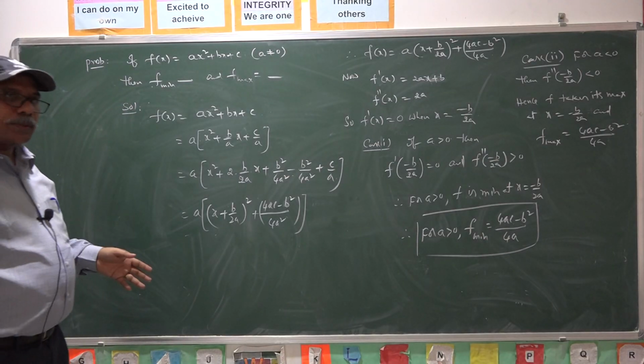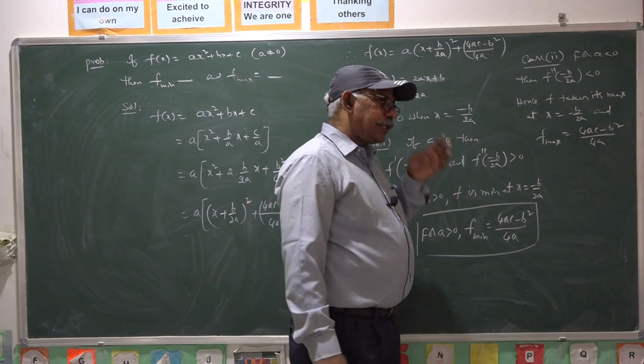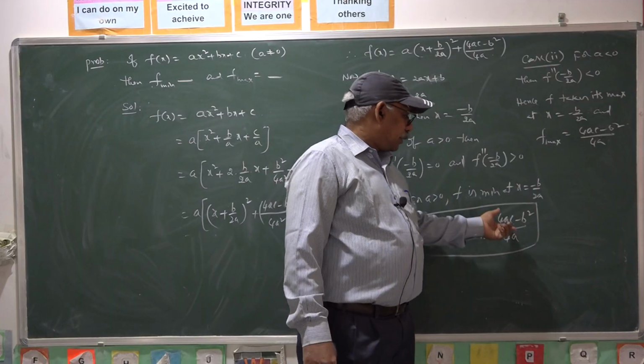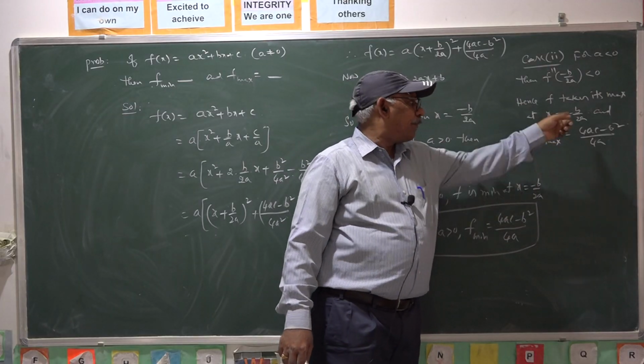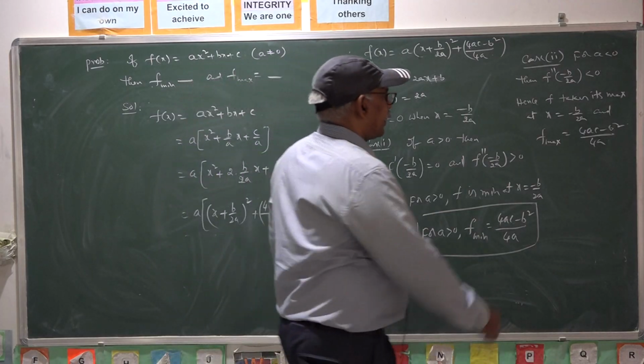The minimum and maximum value is the same expression. But the value is said to be minimum whenever a is positive, and maximum whenever a is negative. So that is the conclusion here.